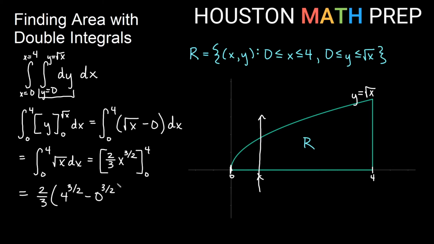Well, I think 0 to the 3/2 is still 0, right? So let's just focus on this 4 to the 3/2. This says take the cube after you take the square root. So let's do this square root first. The square root of 4 would be 2, and then cube that 2, you'd get 8. So we would get 2/3 times 8. In other words, we would get 16 over 3 here for the area.